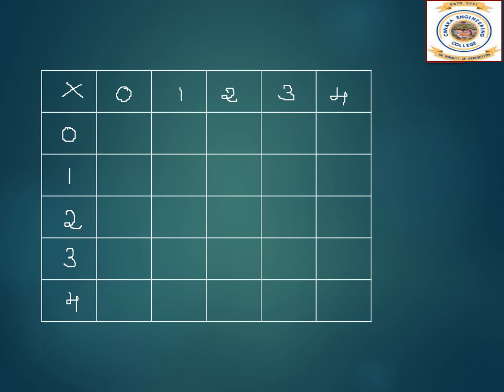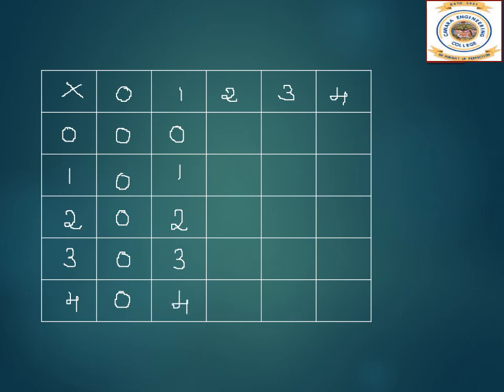When you multiply with 0, we know that your answer is going to be 0 only. So I'll fill up the first column with 0. Next we have 1. 1 into 0 is 0, 1 into 1 is 1, 1 into 2 is 2, 1 into 3 is 3, 1 into 4 is 4.